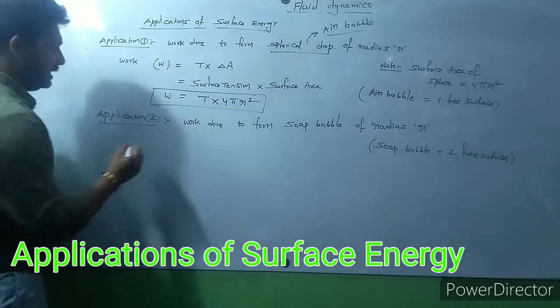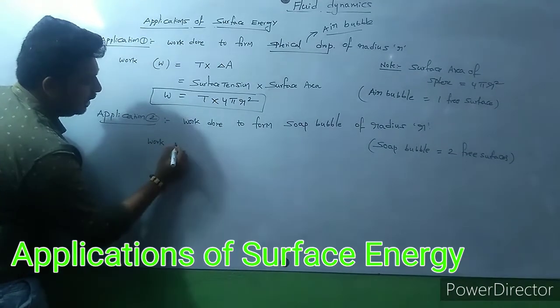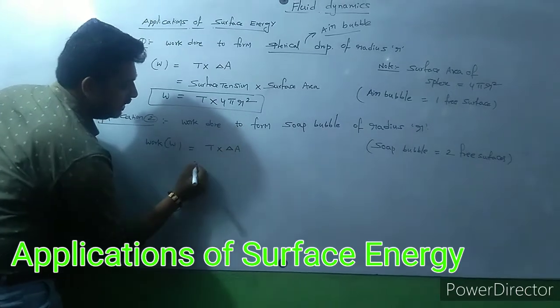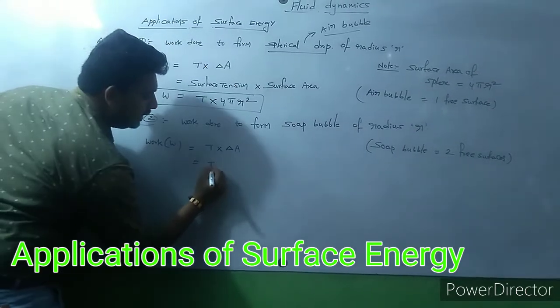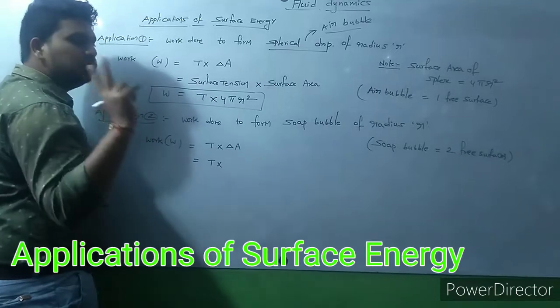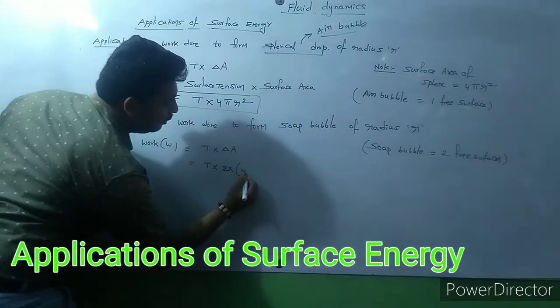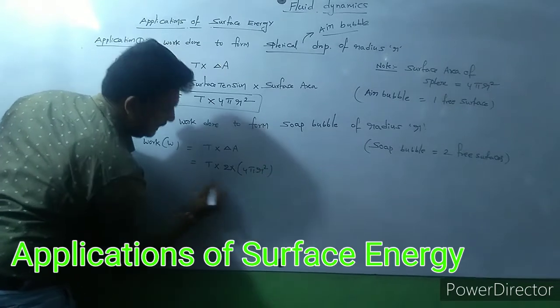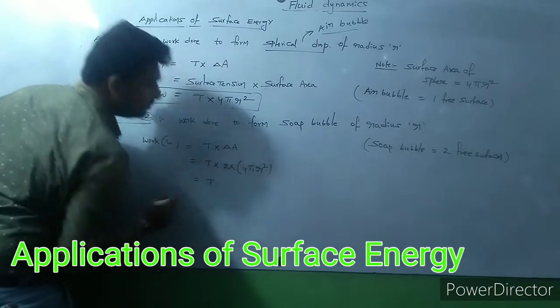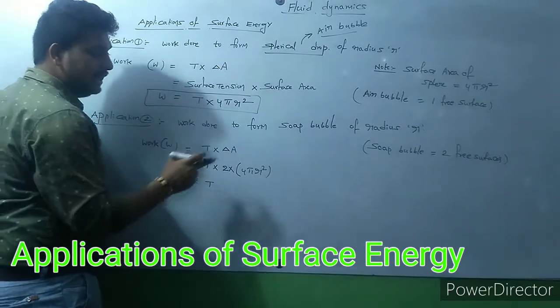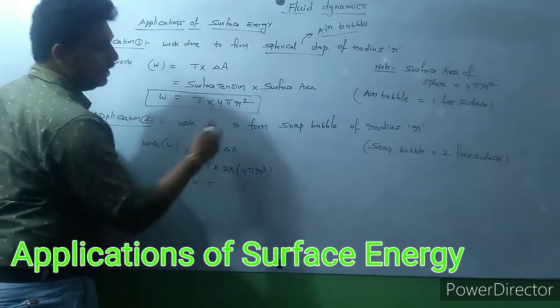So that means here work done W is equal to T into delta A. That means here we get T into, here two free surfaces, that's why we are taking 2 into 4 pi r square. That means what we got? One free surface has surface area 4 pi r square, but here two free surfaces, that's why 2 into 4 pi r square.